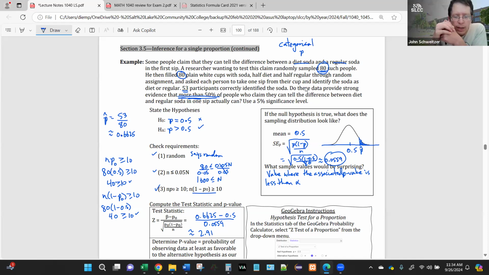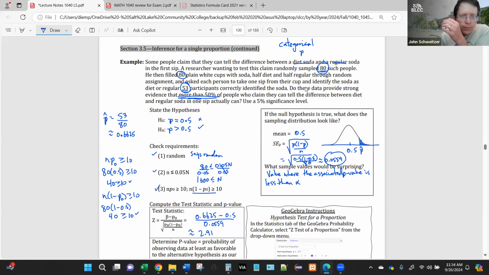You take your sip, and then you decide if it's diet or regular. So out of those 80 people, 53 were able to correctly identify the soda. Okay, so do these data provide strong evidence that more than 50% of people, in other words, a majority, who claim that they can tell the difference actually can?